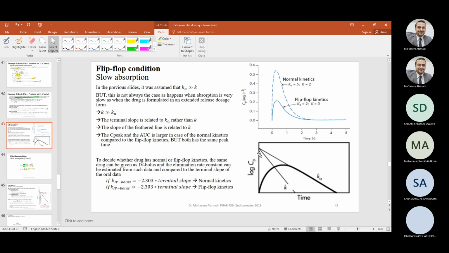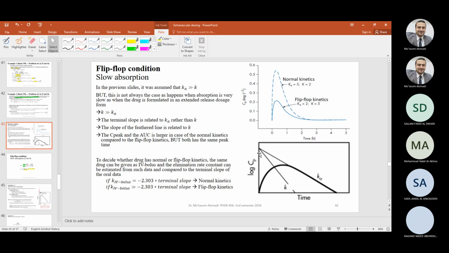Okay. Let me remind you that you have a previous chapter, that's IV bolus. With IV bolus, you can get what? The K or the Ka? When you give the drug by IV, you get the K. So you are sure that the parameter that you get from the IV is the K. So this is for sure, there is no doubt.